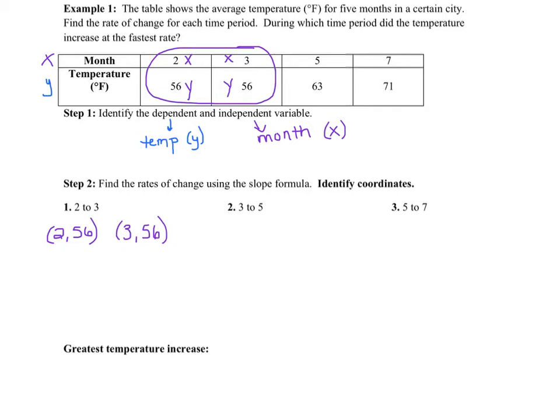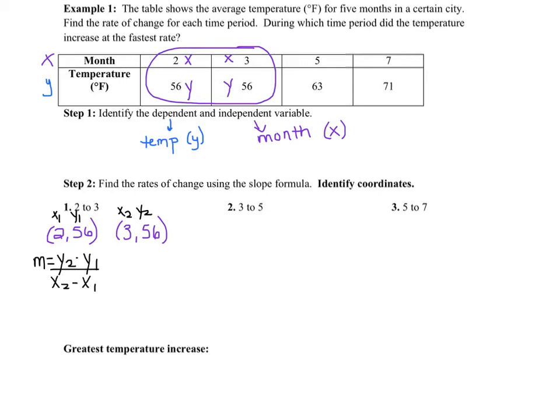Now we're going to use the slope formula. First label our coordinates x1, y1, x2, y2. Our formula is slope, your rate of change, equals y2 minus y1 over x2 minus x1.